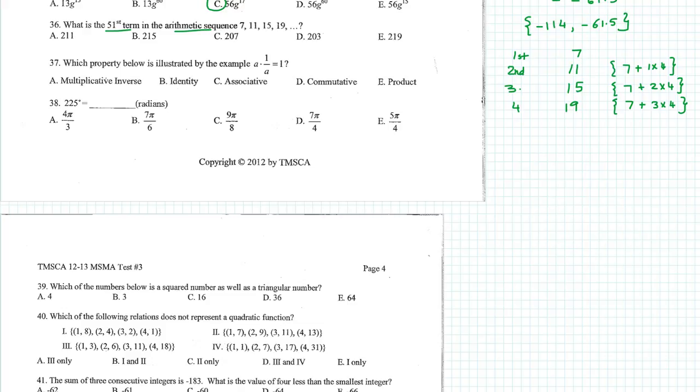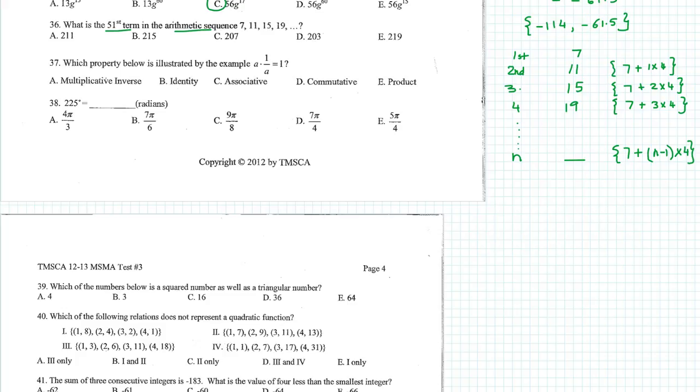So the common pattern that we see over here is that if we are on the nth term, the number will be 7 plus n minus 1 times 4.